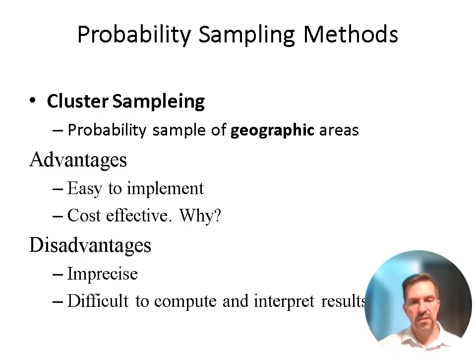When I say location, it might be zip code, for example, right? That way the person that has to go door to door or office to office is not going to have to drive so much, okay? So that's how geographic location is used for stratification, okay?